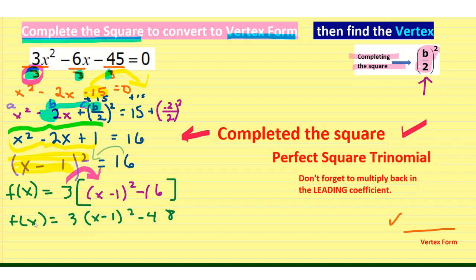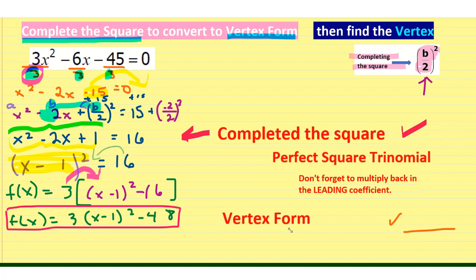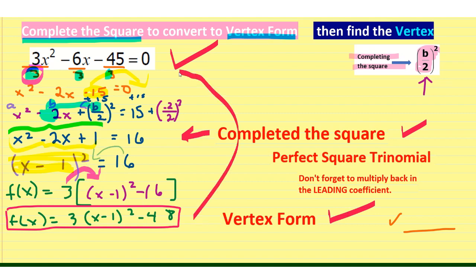So that right there is my perfect vertex form. And what that means is that we have now turned our original quadratic into its perfect vertex form. This equation is the same as my original equation.